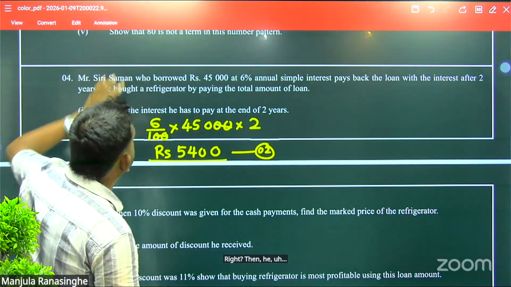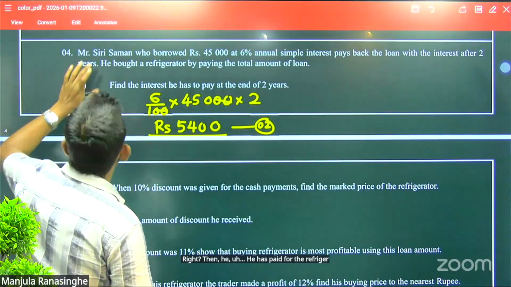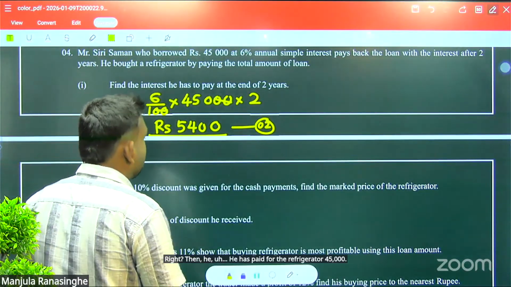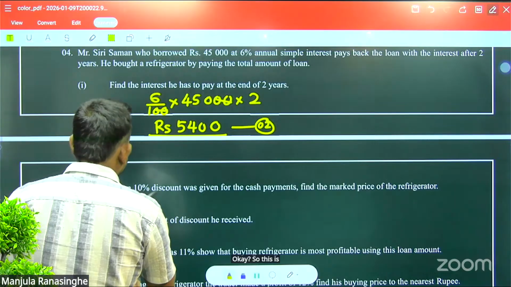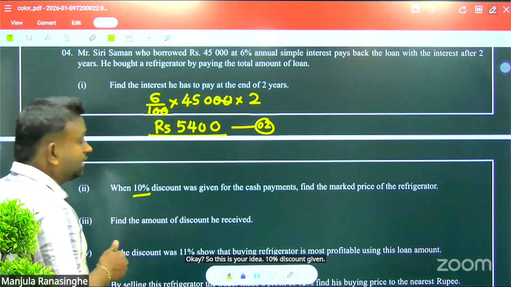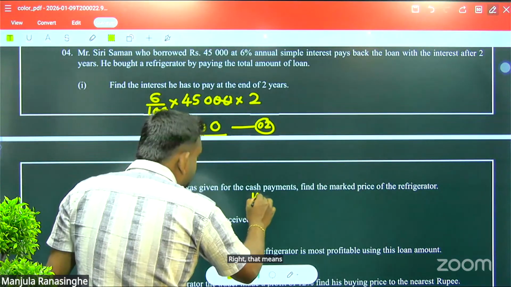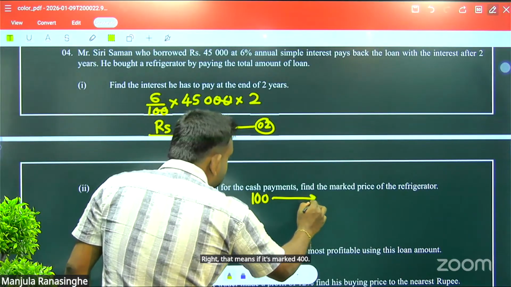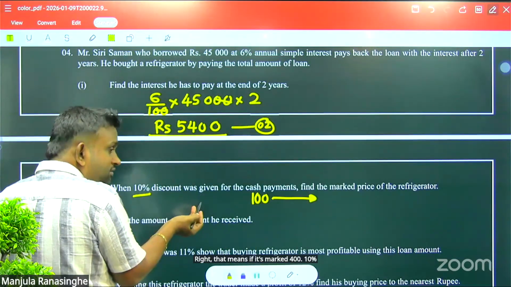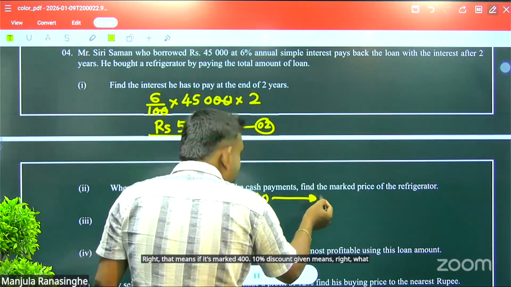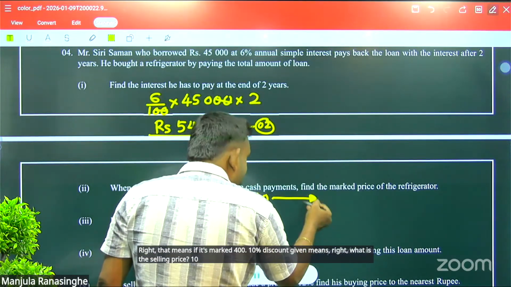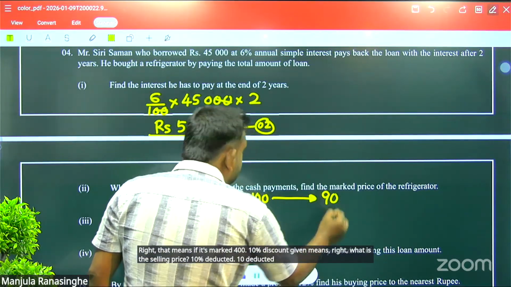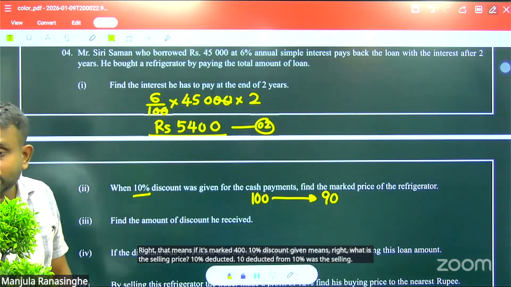He has paid 45,000 for the refrigerator. Okay, so this is your idea. 10% discount given, right? That means if it's marked for 100, with a 10% discount, what is the selling price? 10 deducted from 100, 90 is the selling price.